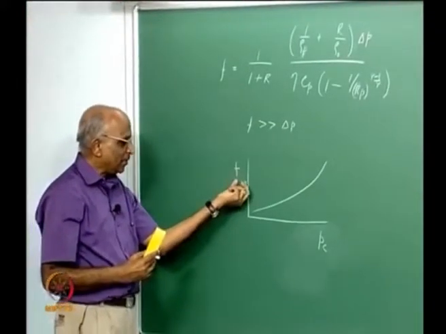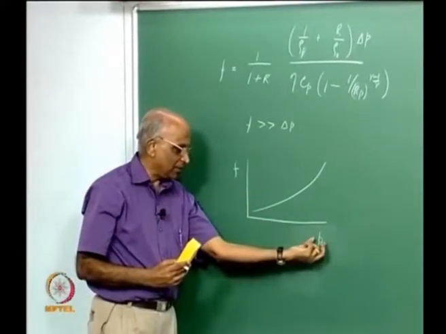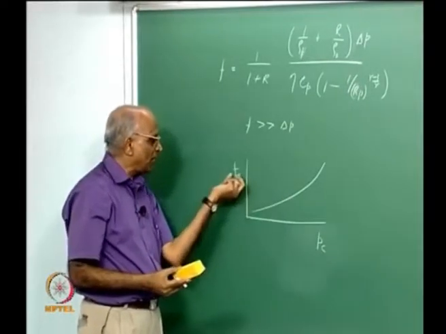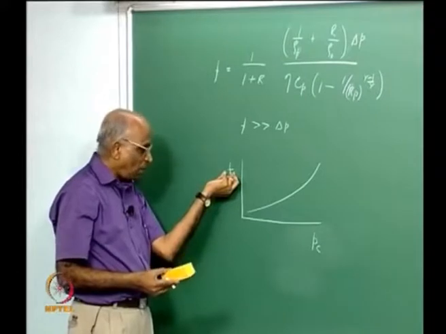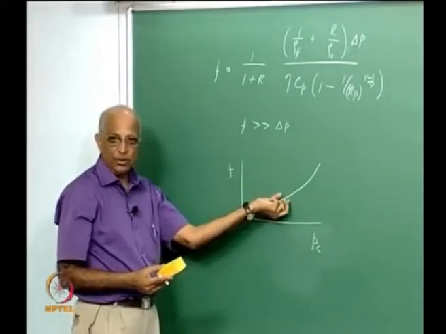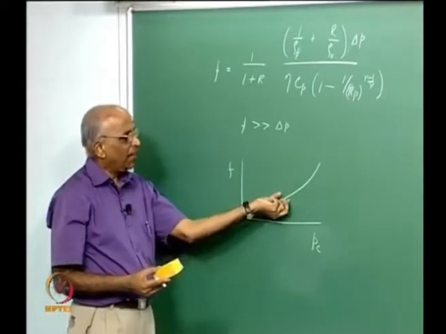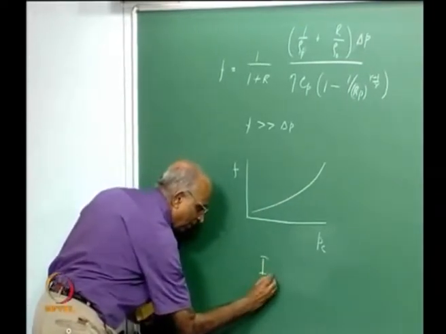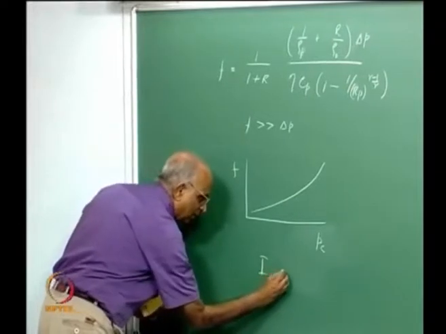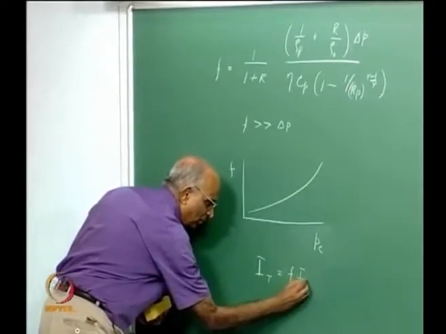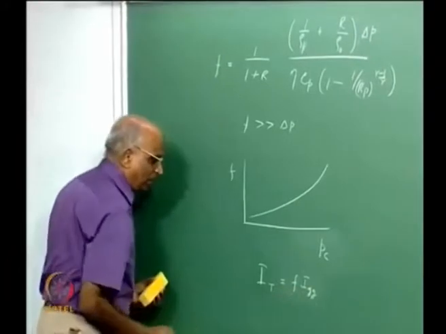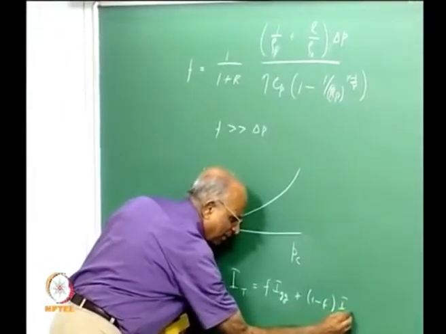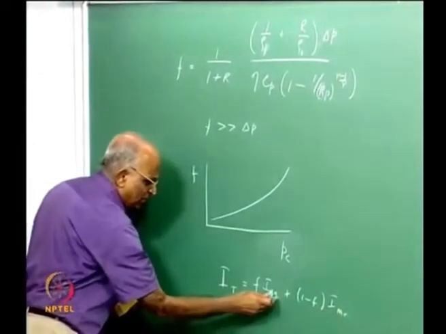All I am saying is, as the pump pressure increases, equivalently the chamber pressure increases, I need more of the fraction of the propellant to be introduced through the gas generator. And what is the implication? The total specific impulse, I_T, is equal to F times whatever was available through your gas generator, plus 1 minus F times that through the main chamber, and we found Gg was small.